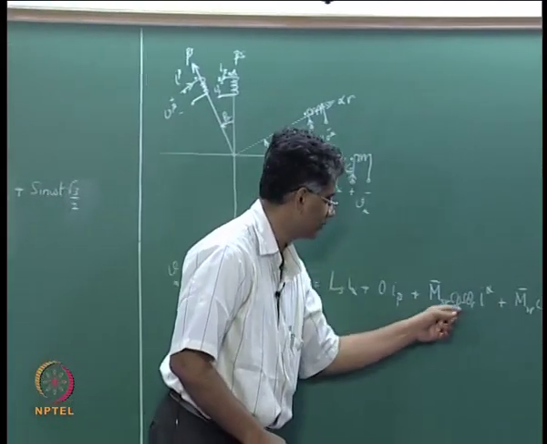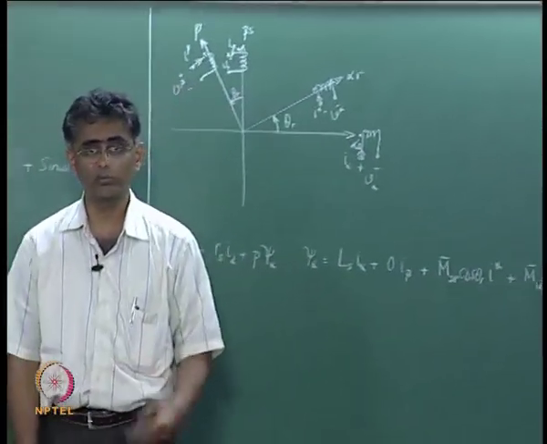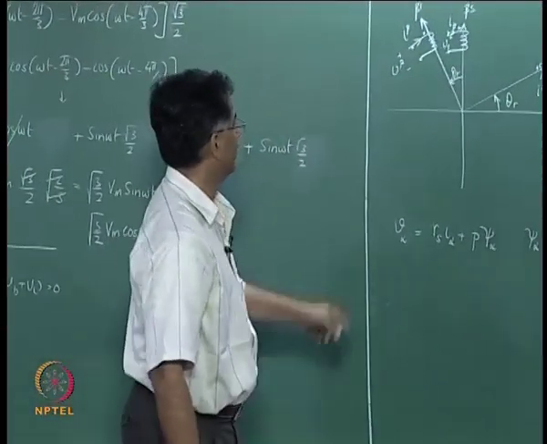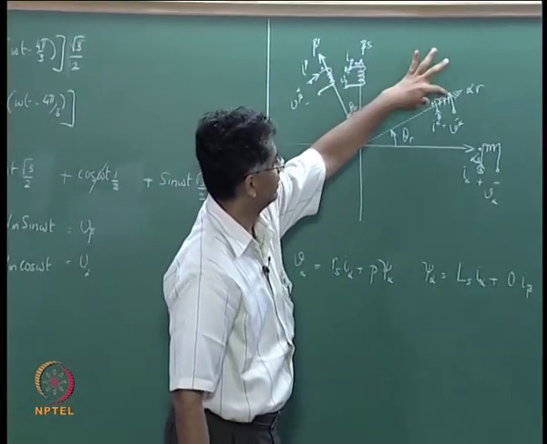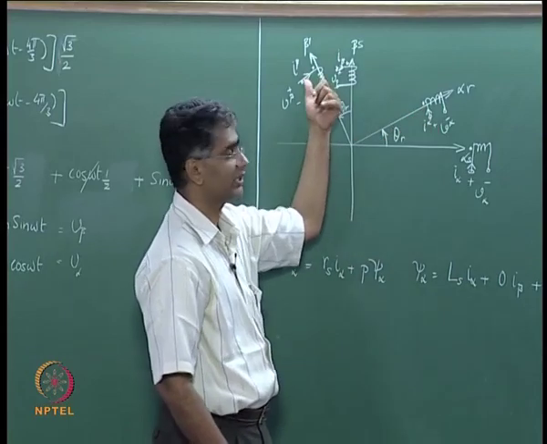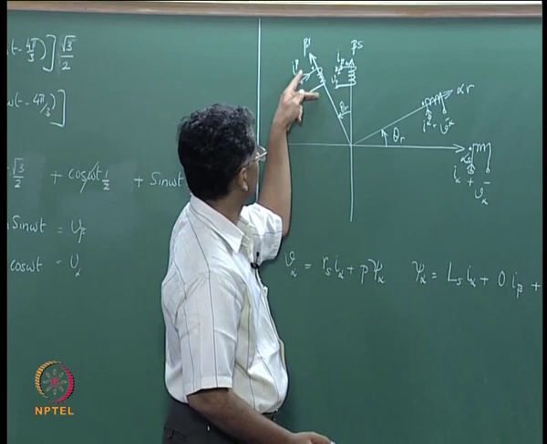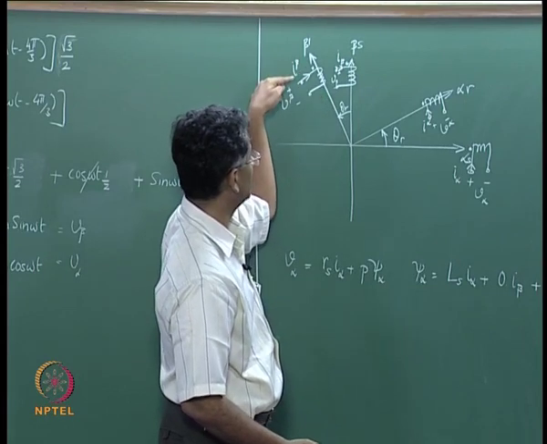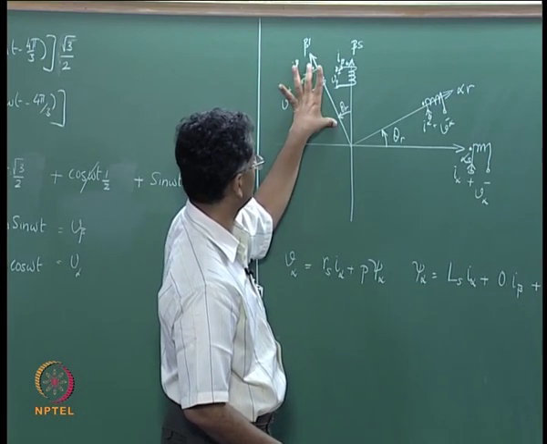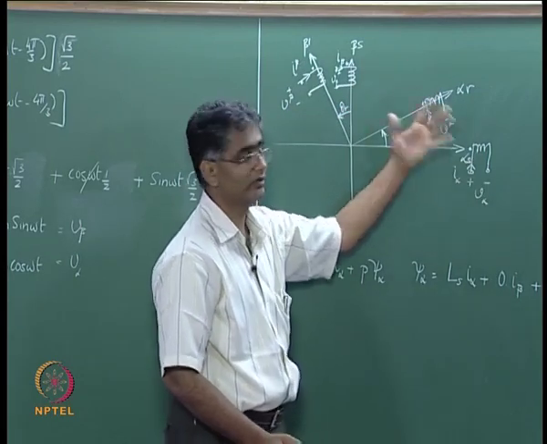These two values MSR for the alpha axis and the beta axis are the same, because we assume that this winding and this winding are identical in all aspects except that they are displaced with respect to space, and therefore if an I beta flows here and if this coil were really oriented along this axis, the self inductance would have been the same.